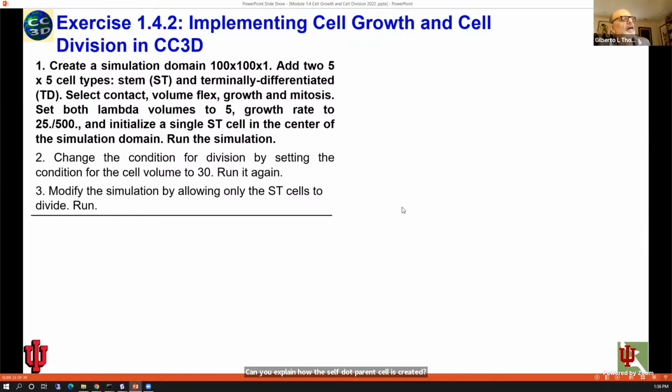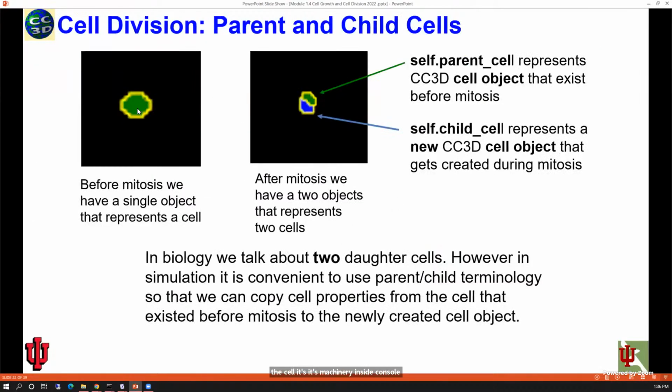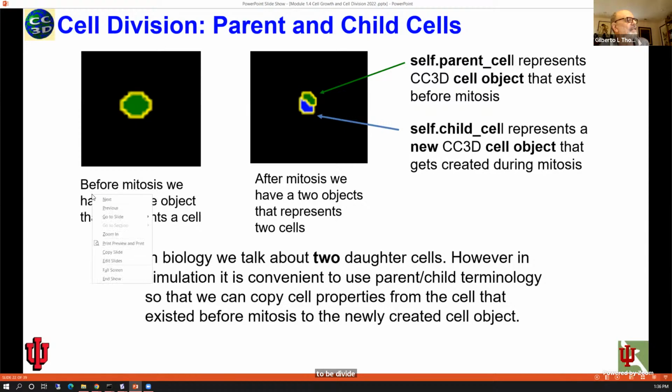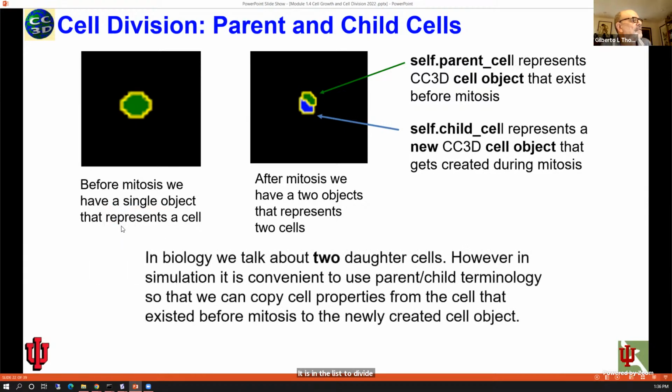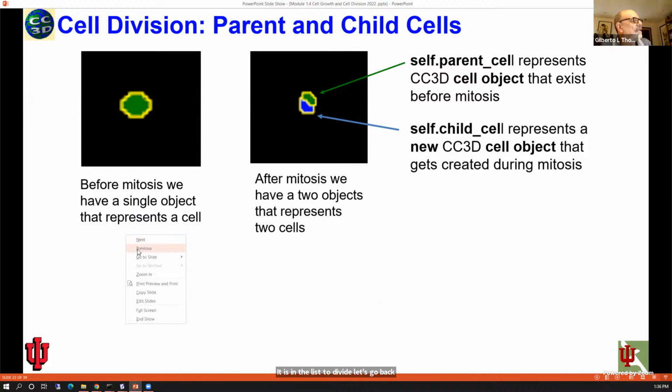The cell, it's machinery inside CompuCell. You say that the cell, the green cell here, has to be divided. It is in the list to divide. Let's go back a little bit. Previous.